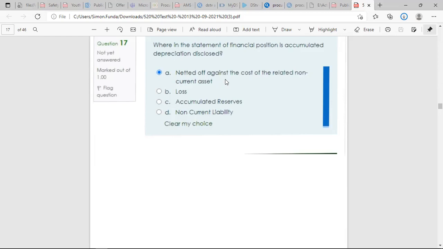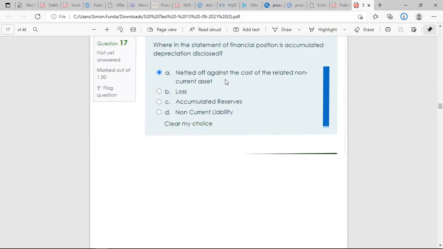In that current year, again, you charge depreciation. So from the 70,000, you subtract 10,000 and you remain with 60,000. That 60,000 will now be the net book value for the motor vehicles. So every year you'll be accumulating.